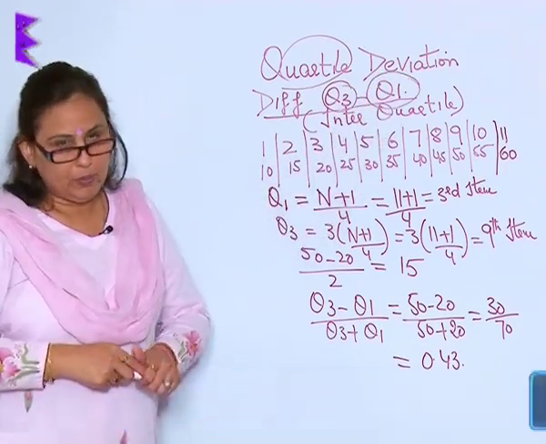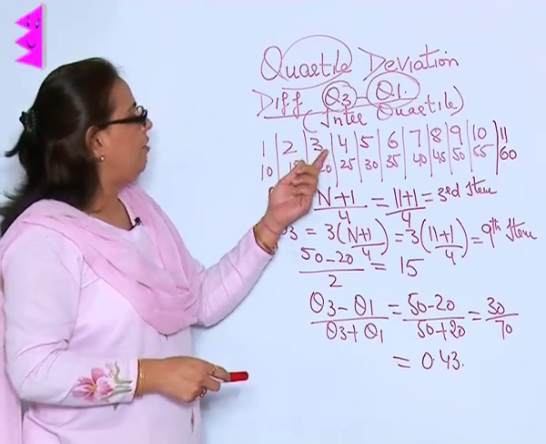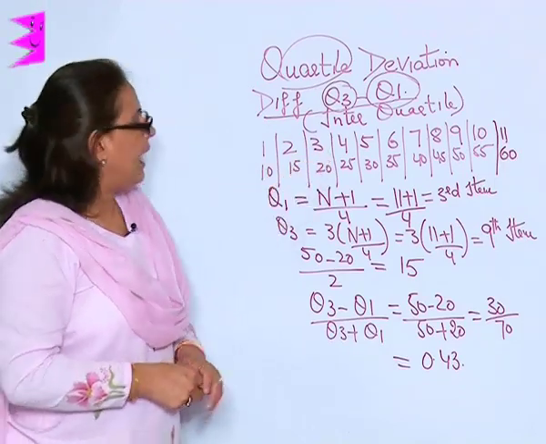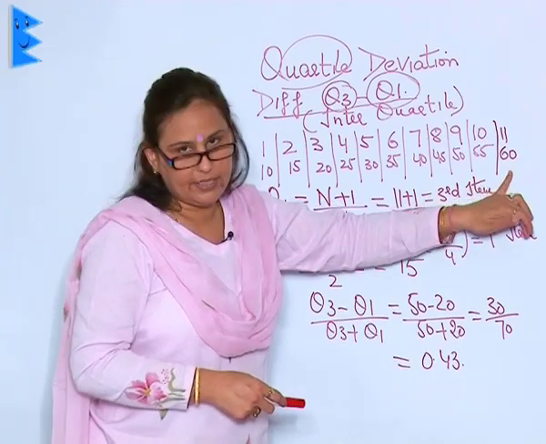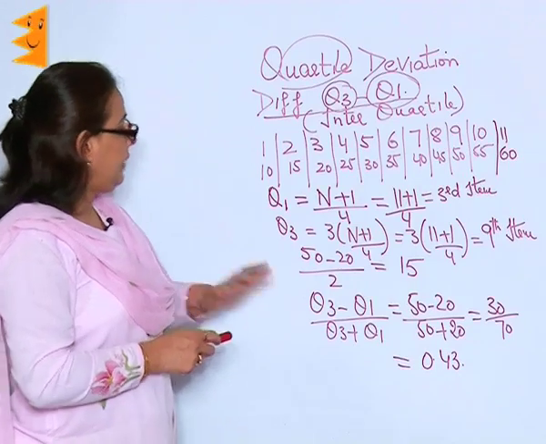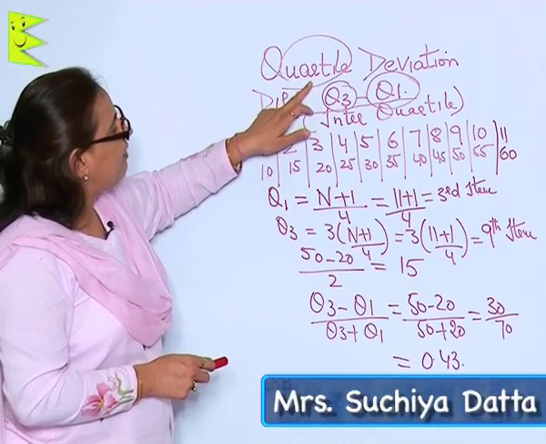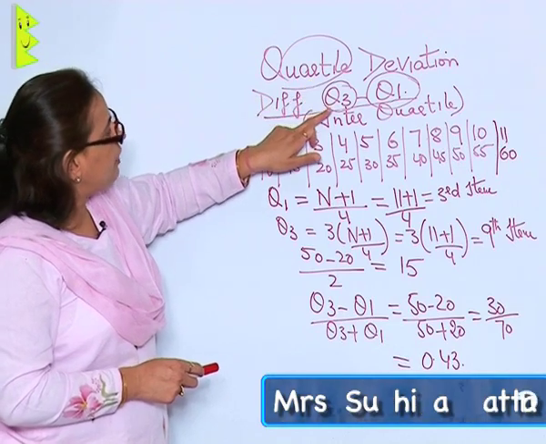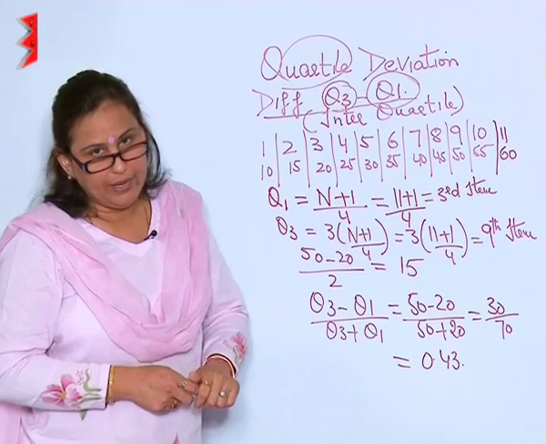Now, again to explain this further, we will take a series comprising 11 observations, and their numbers range from 10 to 60. If I have to find out the quartile deviation, I will first of all have to find out the third quartile and the first quartile.